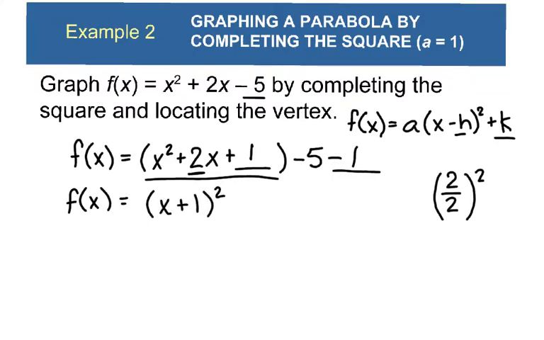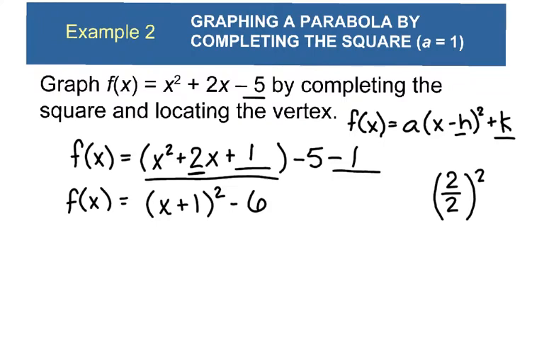It's always going to be a perfect square, so x plus 1 times x plus 1 is what this is right here. And then outside you get -6. So there you go. It is in vertex form.